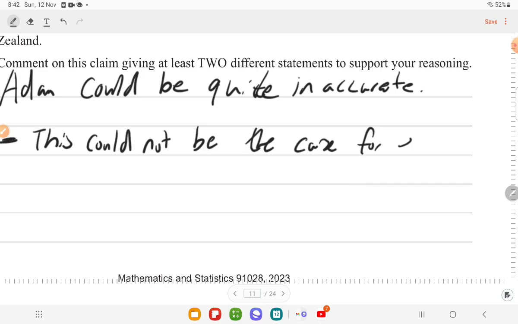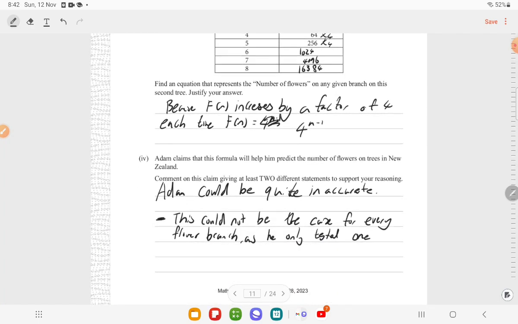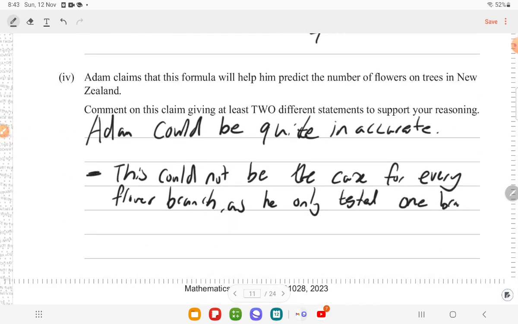For every flower branch, he only tested one branch with different levels.